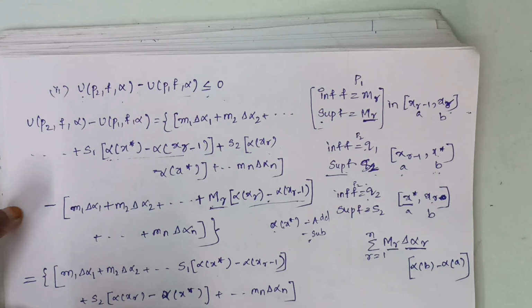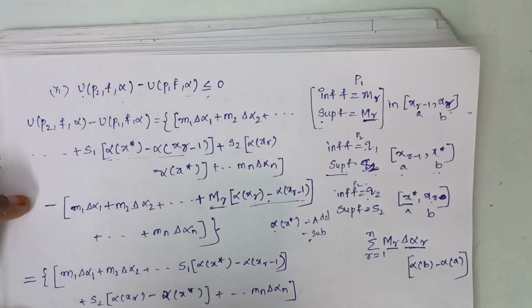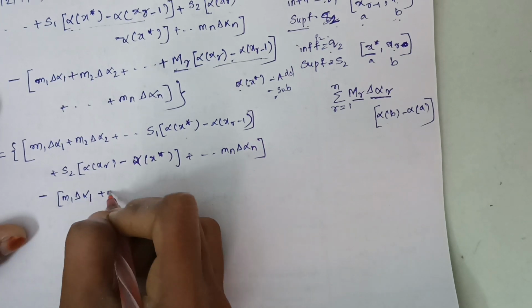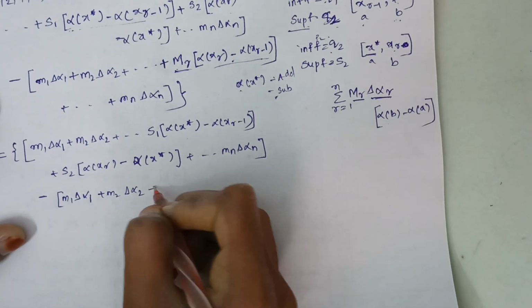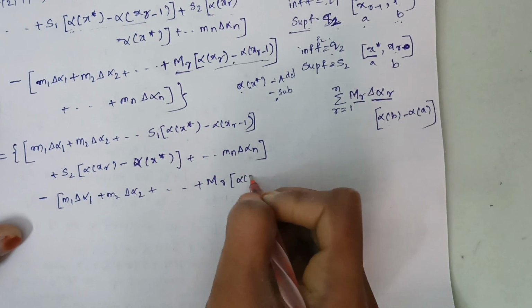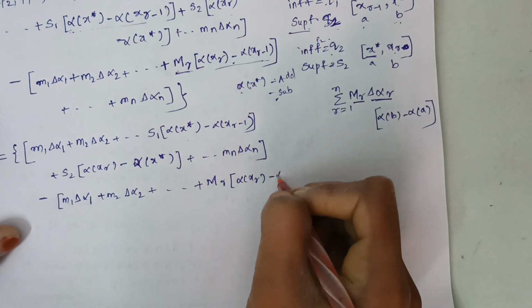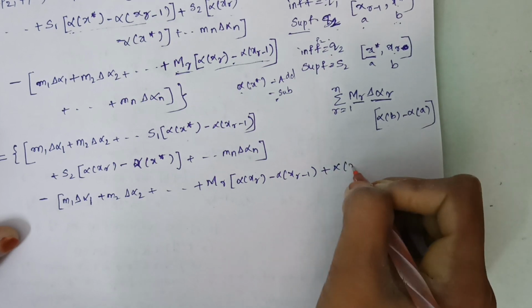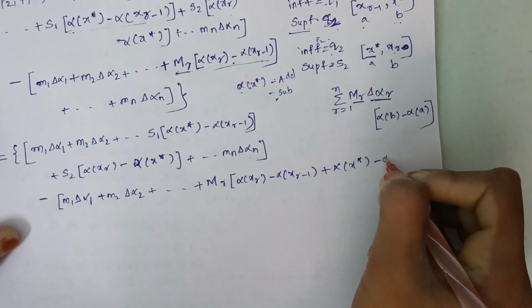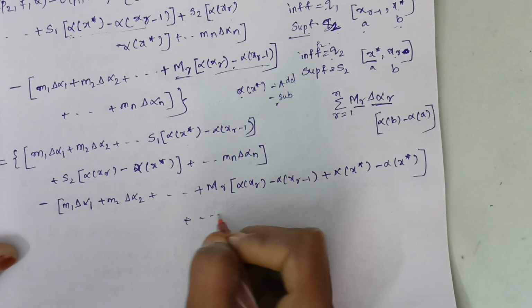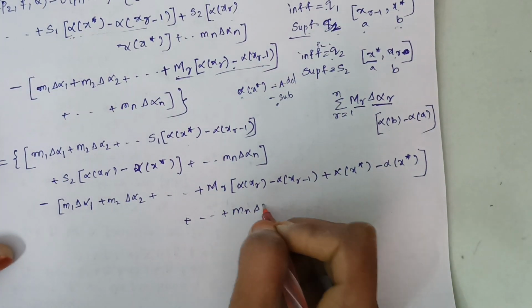minus m1 delta alpha 1 plus m2 delta alpha 2 plus so on, capital mr into alpha x r minus alpha x r minus 1 plus alpha x star minus alpha x star, plus so on, mn delta alpha n.